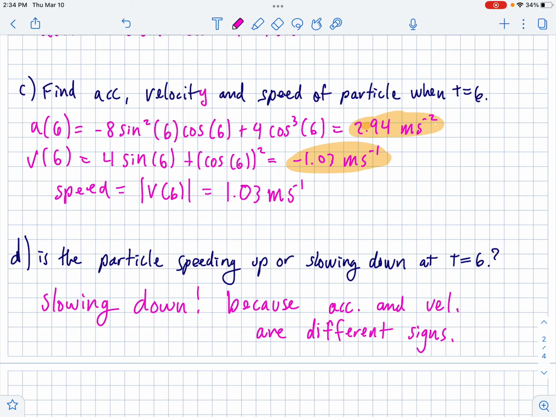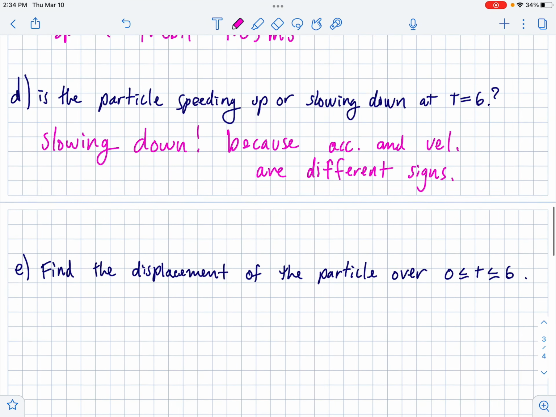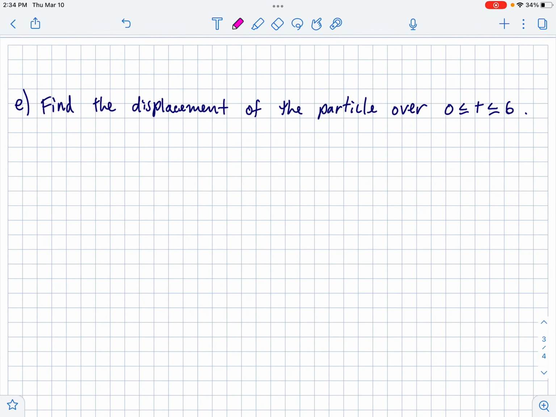Yeah, so both of those are negative and positive, which means it's slowing down. If they were matching signs, it would mean that they were speeding up, but they are not.